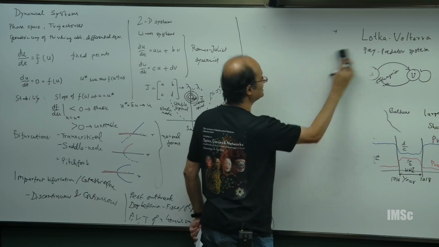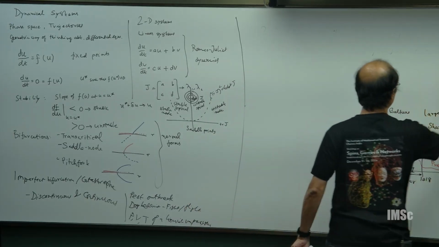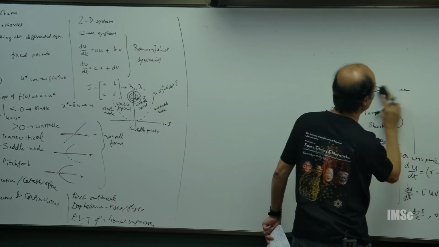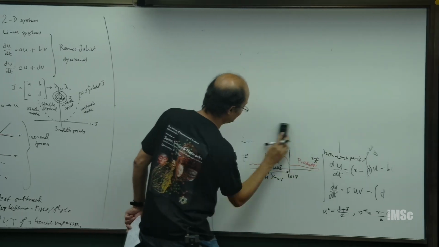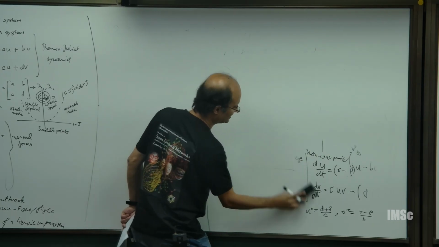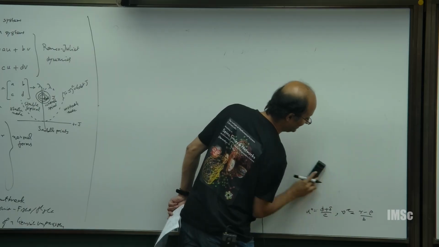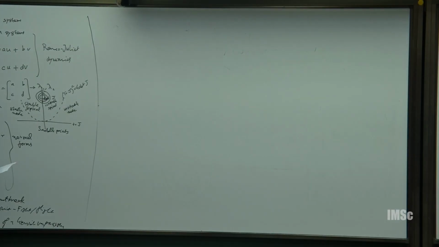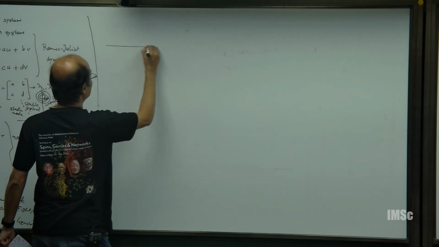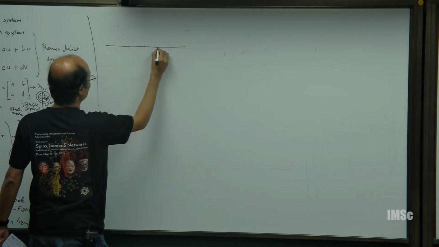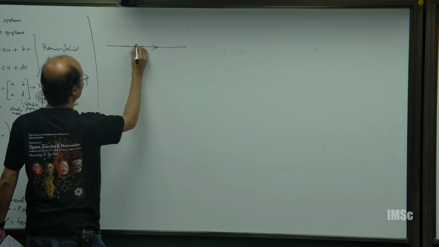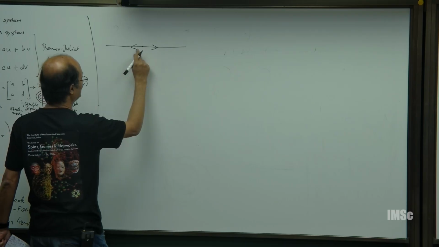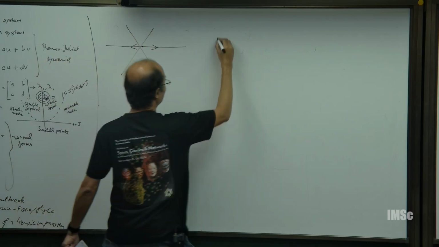Now you notice that once you went to 2D, something more than just equilibria and divergence became possible, namely oscillations. In the line you could not get oscillation, because at the same point you would have to have one vector pointing this way and one pointing that way, which is not allowed.